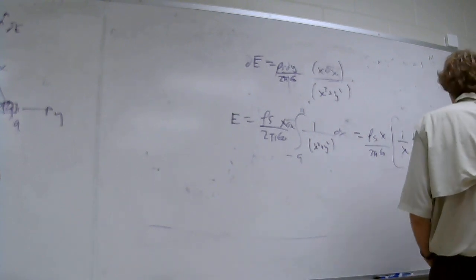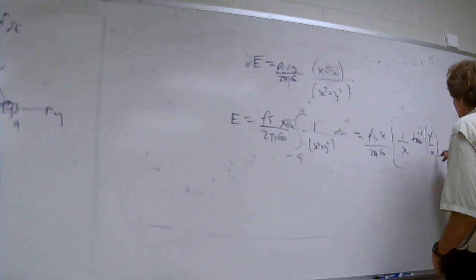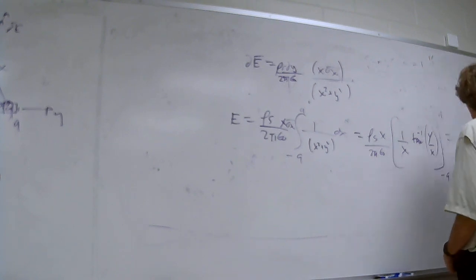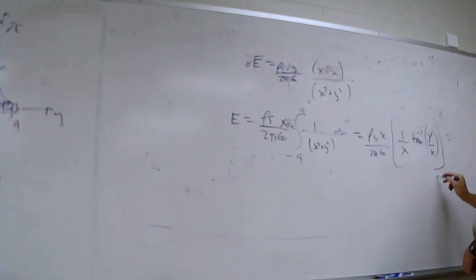x, yeah. It's evaluated from minus a to a, right? Yep. So this is for y going from there to there, so that's rho s over 2 pi epsilon naught.